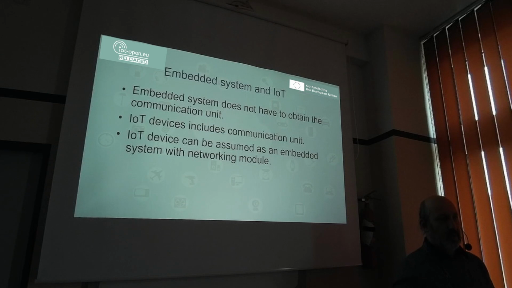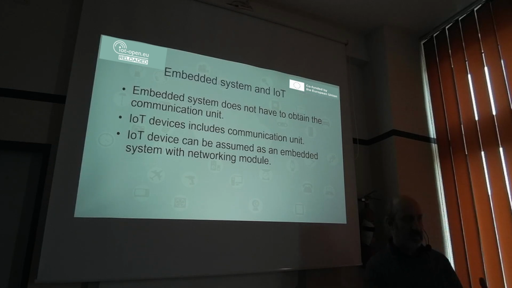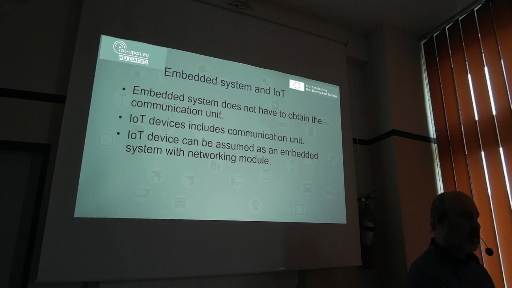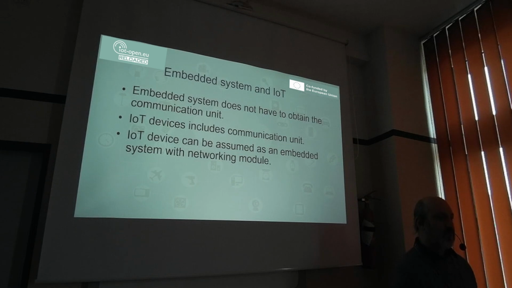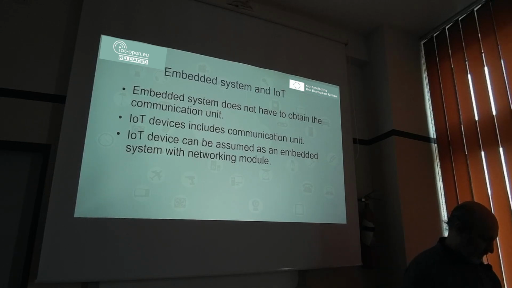So for example, we have some simple tag or simple beacon. It just sends the data, but it can be considered as IoT because we have the data transmission. So we can say that an IoT device is an embedded system with a networking module.